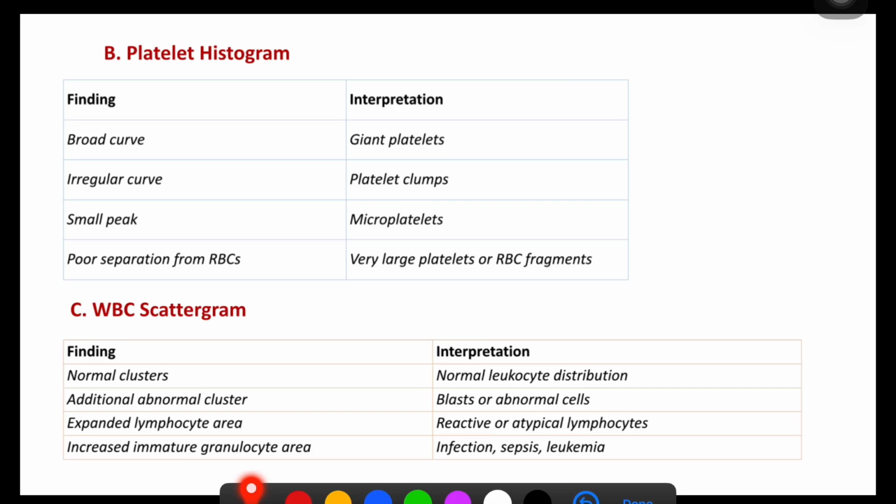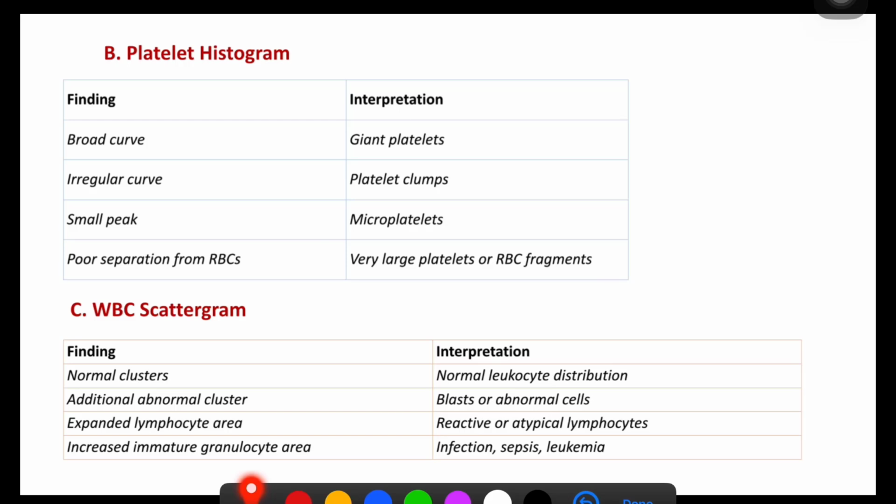Platelet histogram, where giant platelets, clumps or microplatelets appear in the form of broad curve, irregular curve, or small peak respectively, and poor separation from RBC, where very large platelets or RBC fragments may be seen.